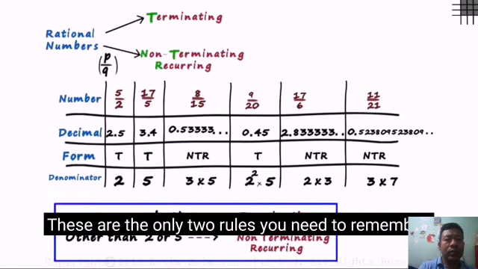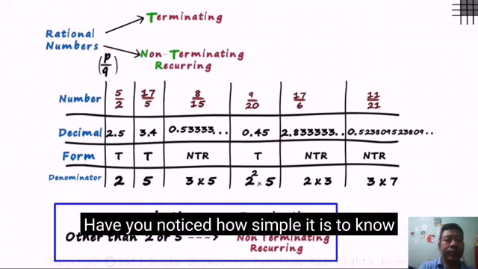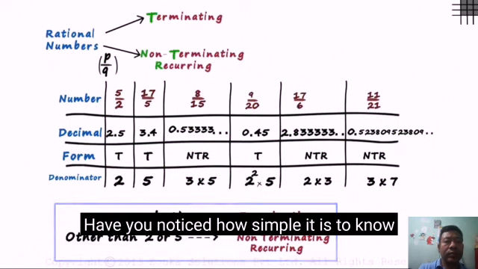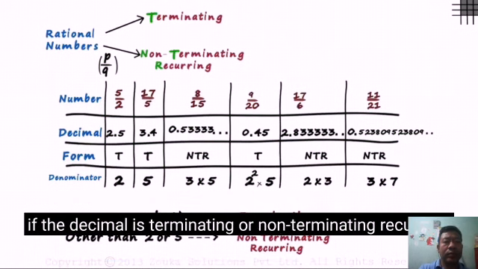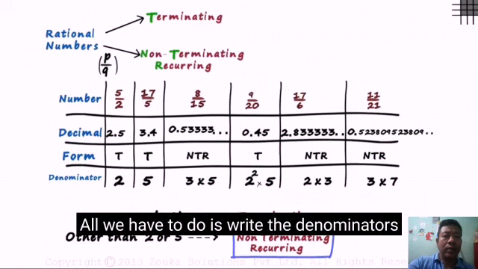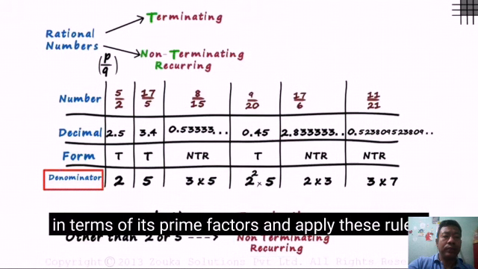These are the only 2 rules you need to remember. To decide if the decimal is terminating or non-terminating recurring, all we have to do is write the denominator in terms of its prime factors and apply this rule.